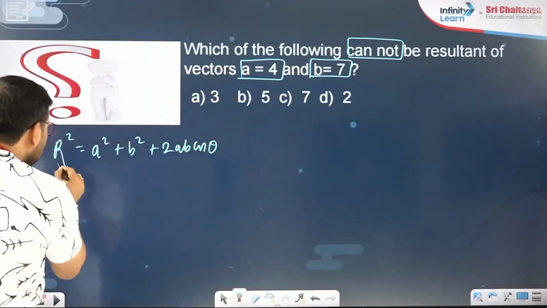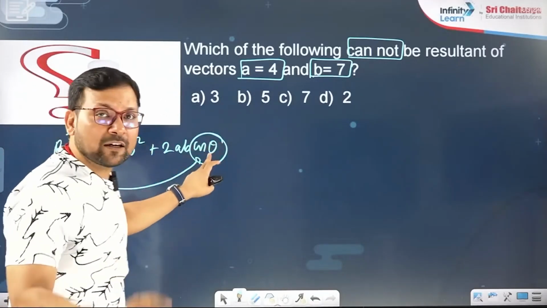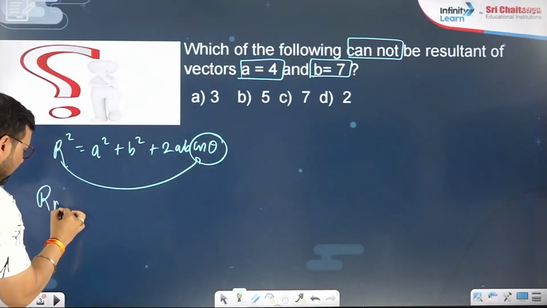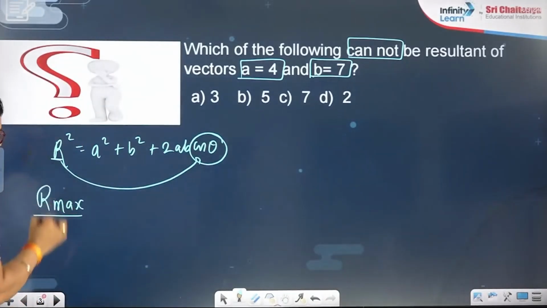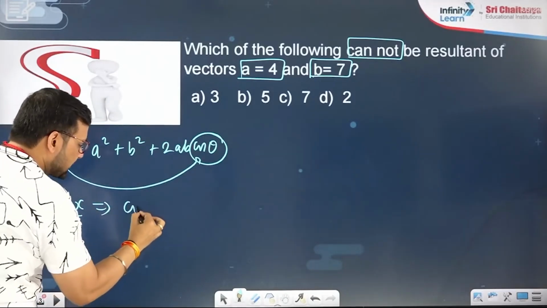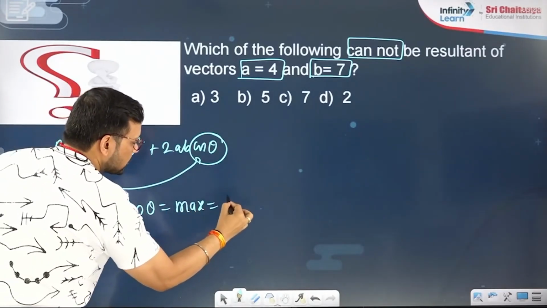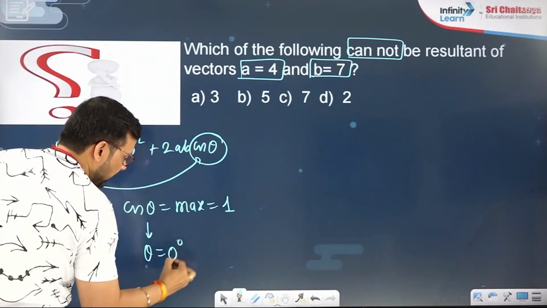So see, this resultant is depending on cos theta, where theta is the angle between the vectors. If we want the maximum value of R, we will take the maximum of cos theta. And the maximum of cos theta value is 1, and it takes place when theta is equal to 0 degree.